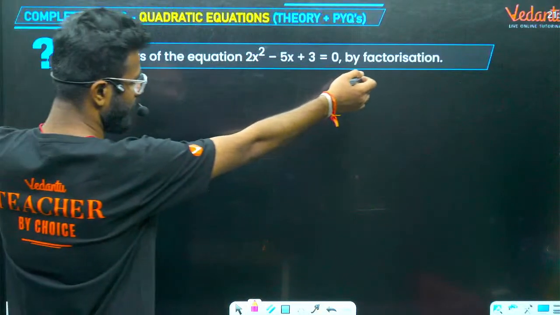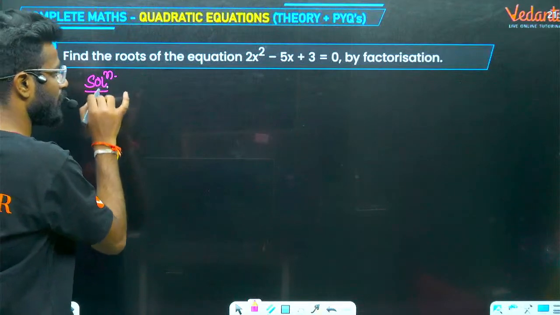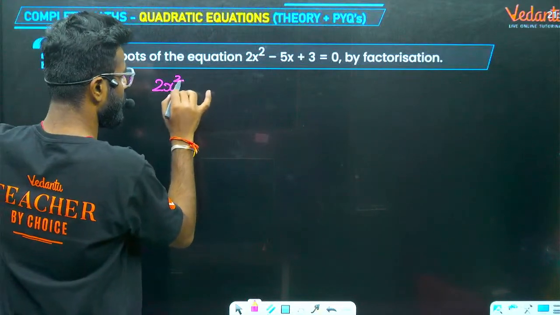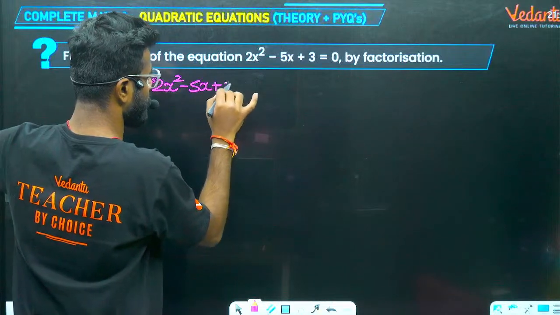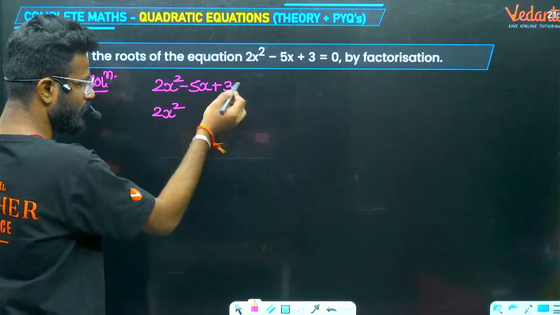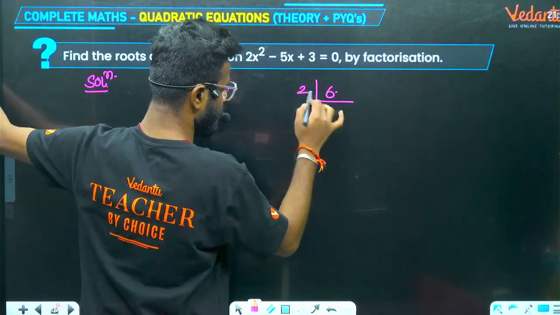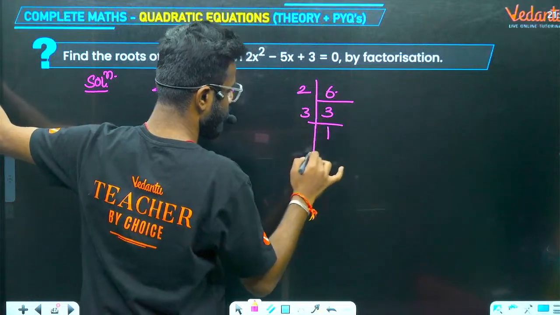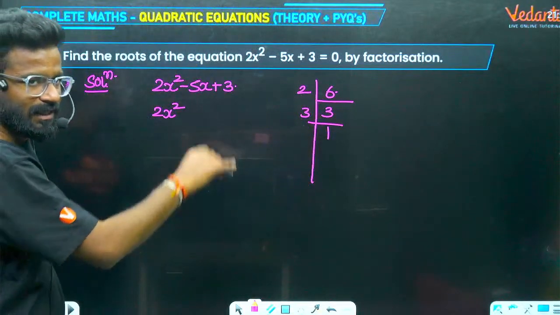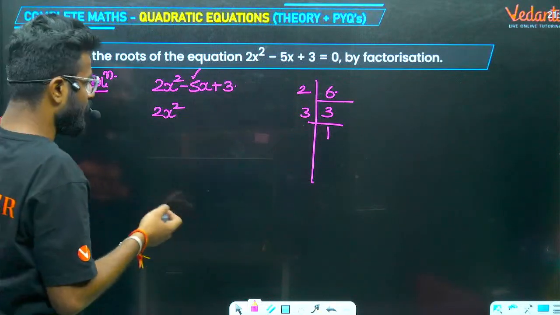Find the roots of this quadratic equation by factorization method. Simple. 2x square minus 5x plus 3. So 3 2s are 6. Find the prime factors of 6. It will be 2 and 3. 3 1s are 3. So 2 and 3. These two numbers sum up to 5 and the product of these two numbers is 6. Right?